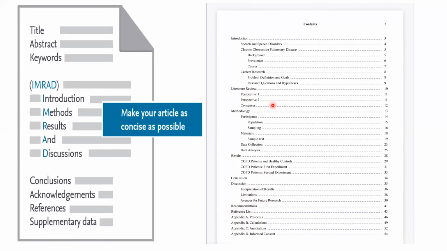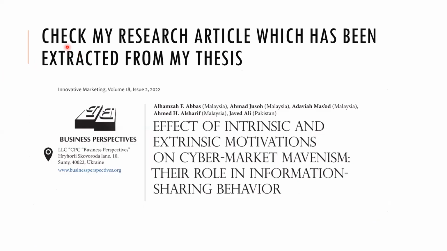All right. So this is my research paper. It is extracted from the research for my thesis. It has been published in Business Perspectives, one of the good indexed journals in Scopus. This is my title: Intrinsic and Extrinsic Motivation on Cyber Market Darwinism, the Role of Information Chain Behavior.